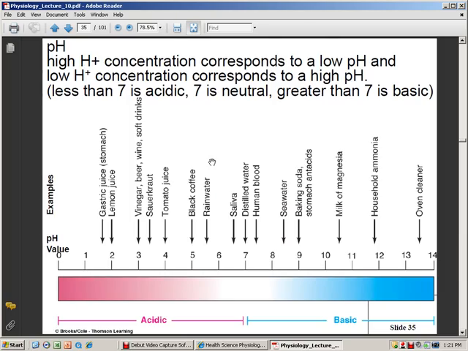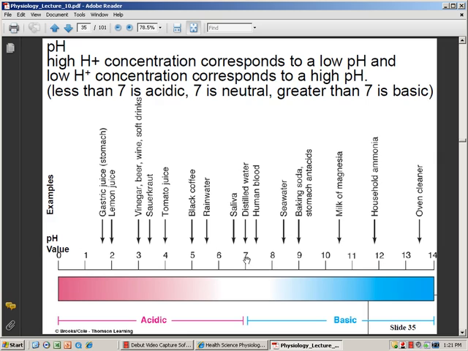I'm going to jump back to this scale real quick. I'm going to make somebody dizzy, I know. But when you look at the scale here, there's 7, perfectly neutral. If I take it from 7 to 6, that's 10 times more acidic. If I take it from 6 to 5, it's another 10 times. So when you look at the pH of your blood around 7 and the pH of your stomach acid around 2, about how many times more acidic is your stomach acid than your blood?